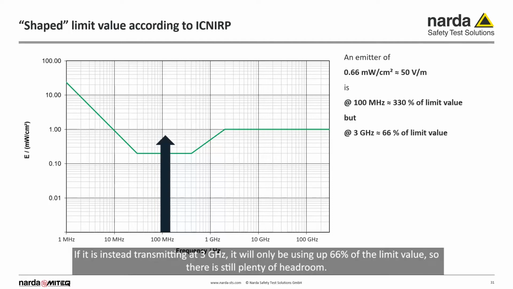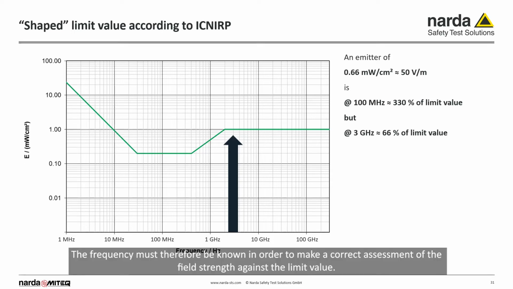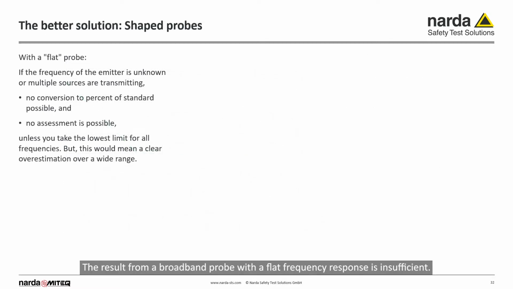If it is instead transmitting at 3 GHz, it would only be using up to 66% of the limit value, so there is still plenty of headroom. The frequency must therefore be known in order to make a correct assessment of field strength against the limit value. The result of a broadband probe with a flat frequency response is insufficient.